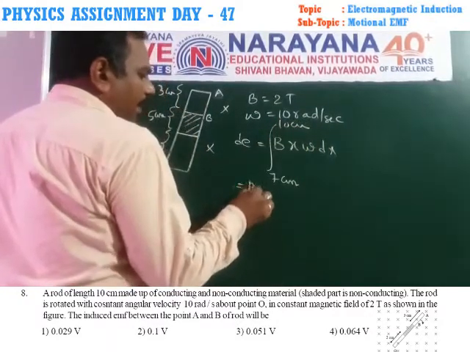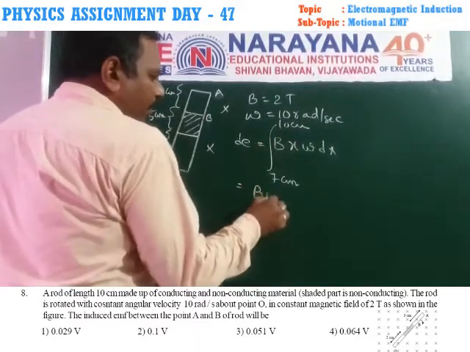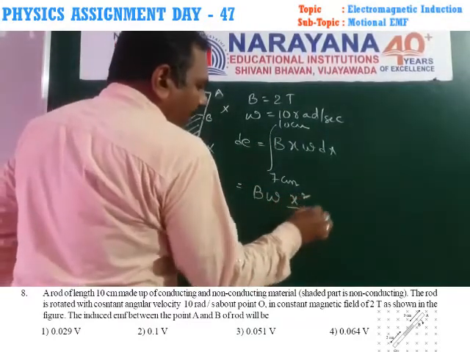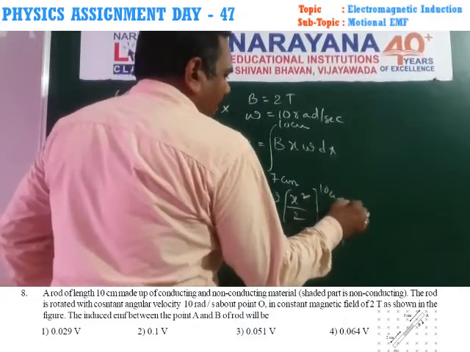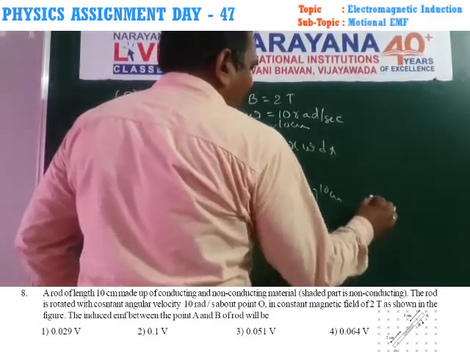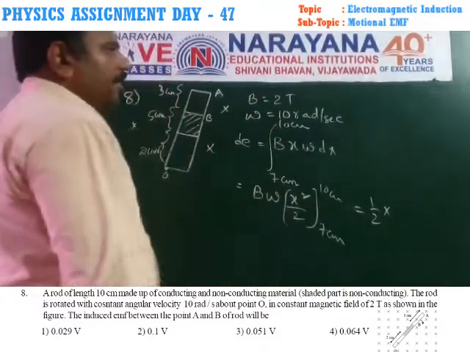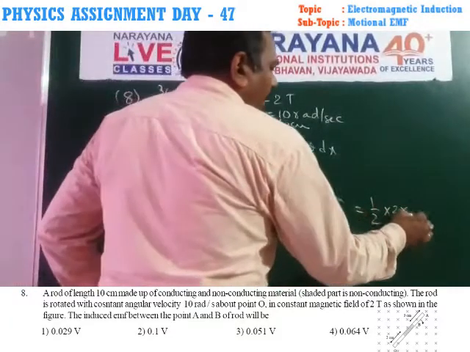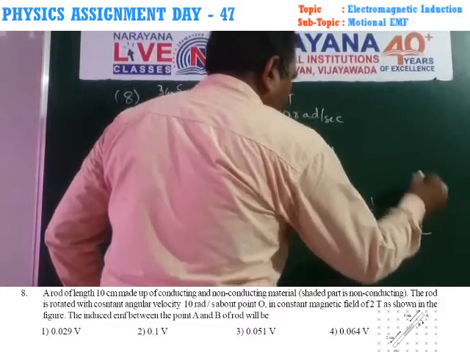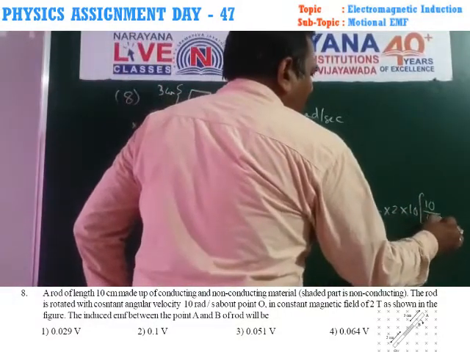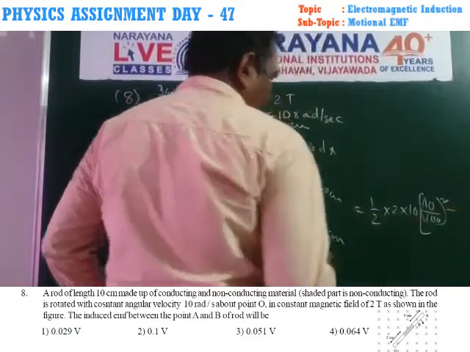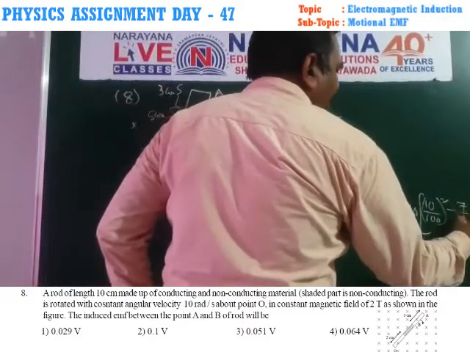So B into omega x square by 2, with limits from 7 centimeters to 10 centimeters. So totally half into magnetic field B is 2 into 10, into x square, that is (10 by 100) whole square minus (7 by 100) whole square.